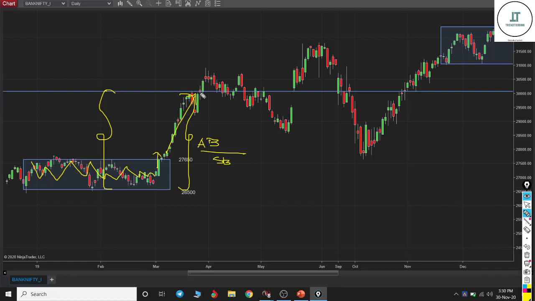Now once price came into the zone for the first time, they rejected it, they came in again, and they moved the price higher. And for the second time when the price came in below this low, the buyers again pushed the price higher. When price came in again below this low, still it is in the zone of aggressive buyers.